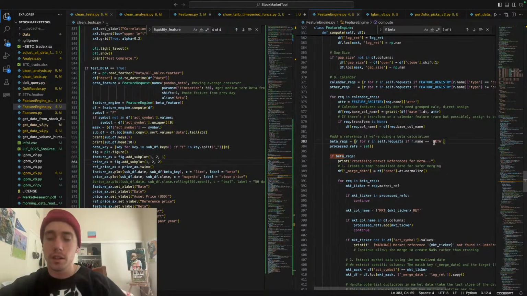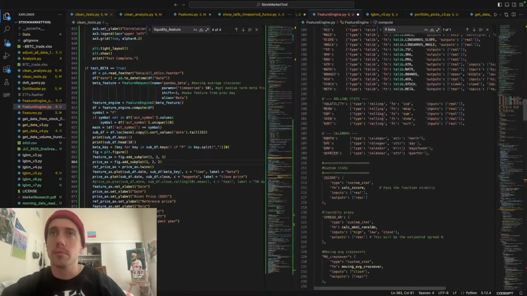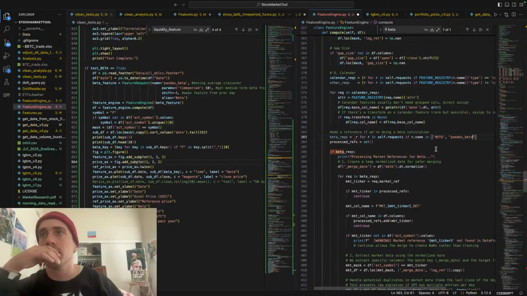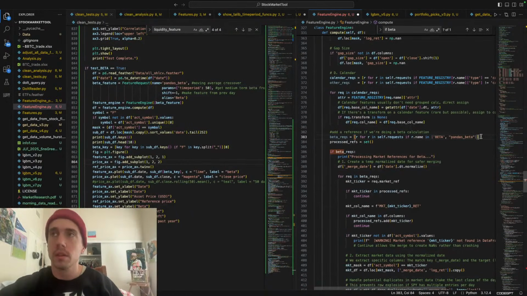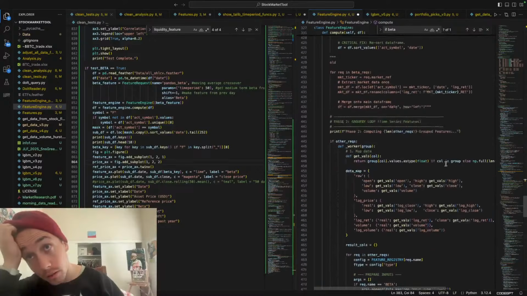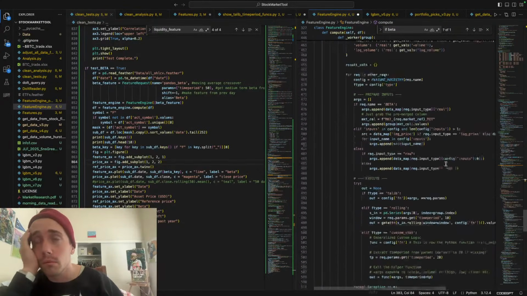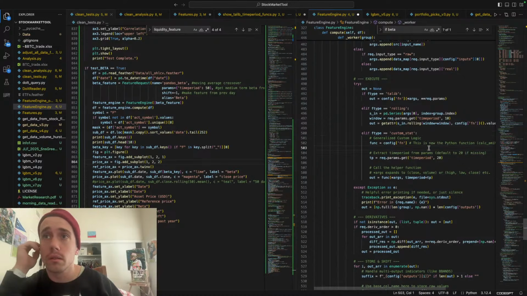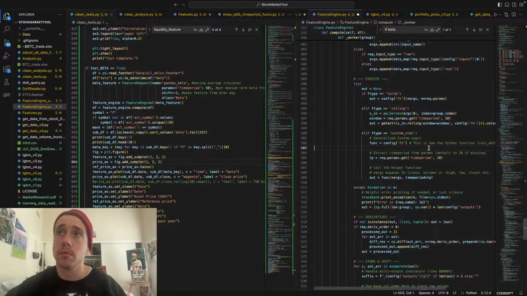If r.name in beta or pandas beta, right? Pandas beta, yeah. And the list there. And then if we have a custom stat, extract time period params.